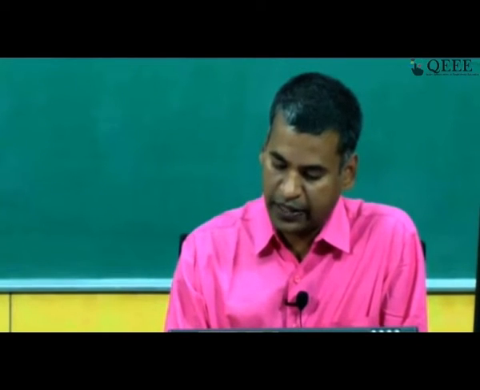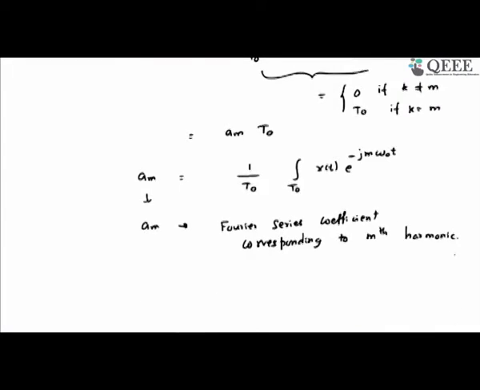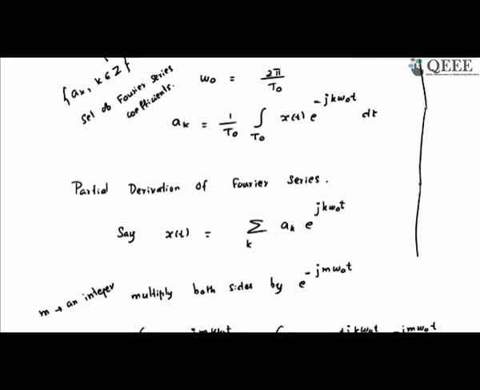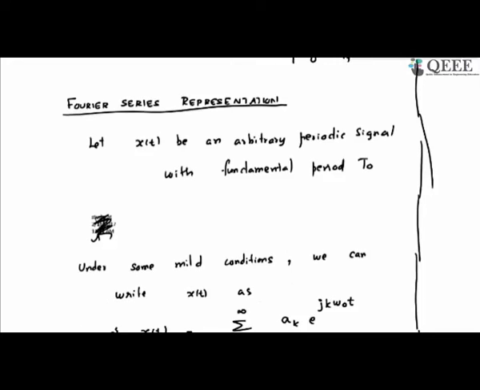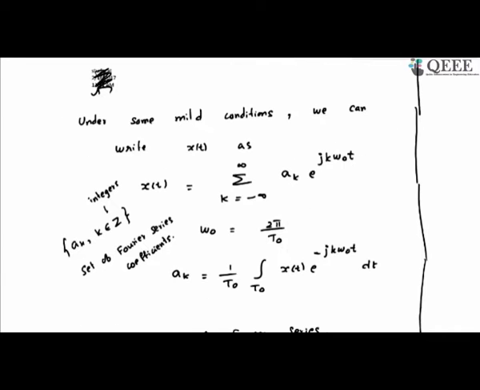I told you that any periodic signal can be written as a weighted sum of complex exponentials, that is, x of t can be written as sum over a_k e power j k omega naught t, where omega naught is the fundamental angular frequency, and you write it in terms of harmonics of the fundamental frequency.